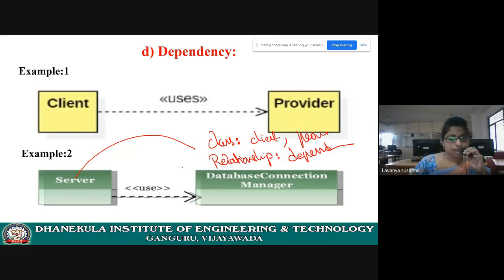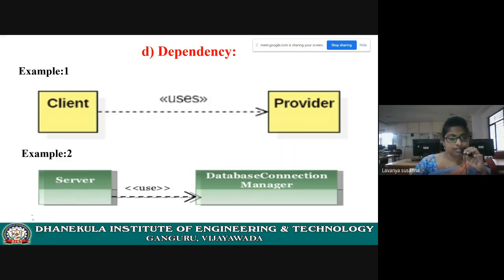Now after writing the classes and relationship between server and database manager, you need to explain this. See here: to implement the operations of server, this server is dependent on database connection, because everything is stored in the database only.